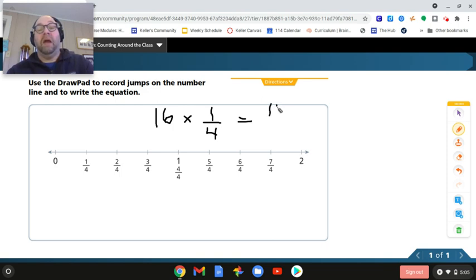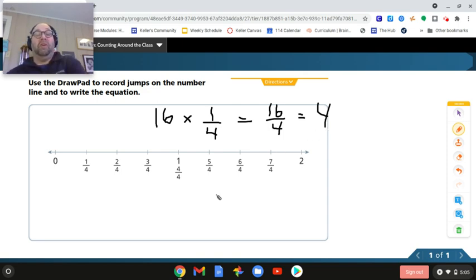Okay, so I just multiplied a whole number by a fraction and came up with 16/4. Now, if I wanted to reduce that, I could see how many 4s go into 16, and this would be a total of 4. So 16/4 is the same as 4.